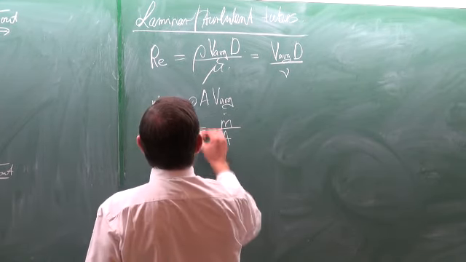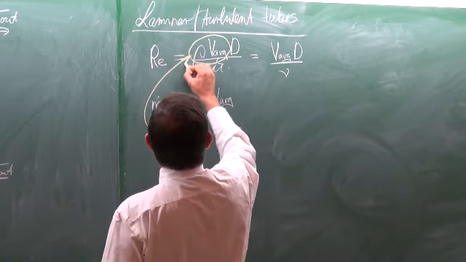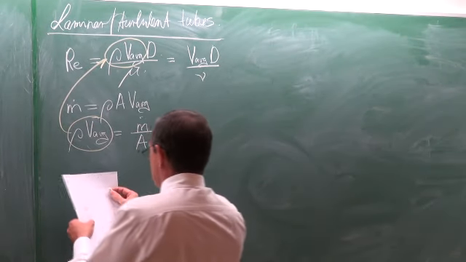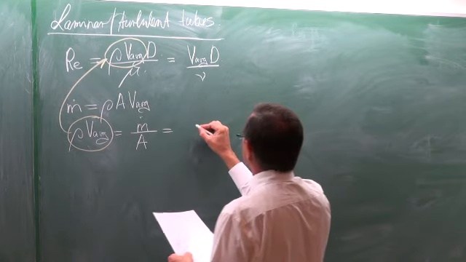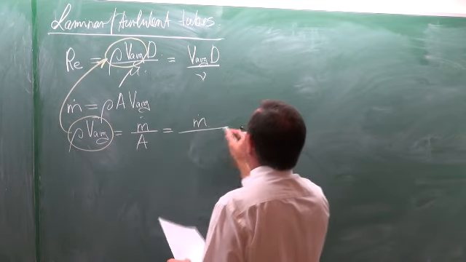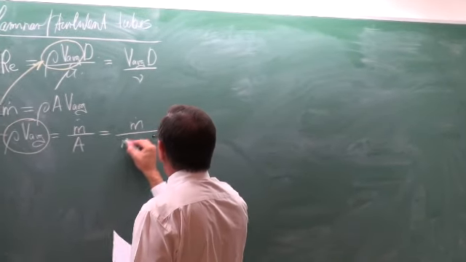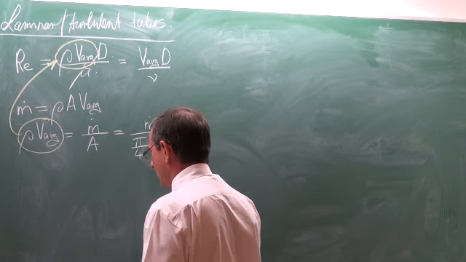So if we substitute this now into the Reynolds number, before we do that, let's rather write it first as the mass flow rate divided by the area, and the area would be equal to pi divided by 4 multiplied by d squared.